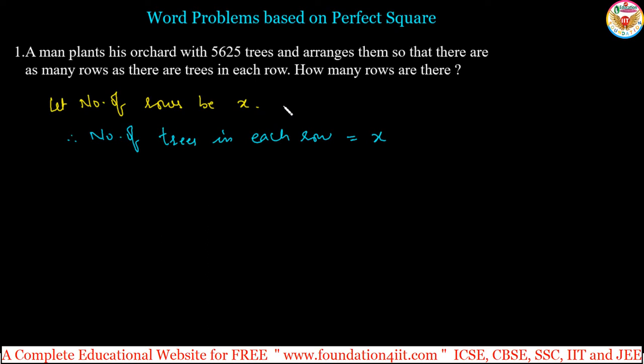So if the rows are 15, it means 15 trees in each row, like that. And if you multiply these both, that is equal to 5625, because that is the total number of trees planted.